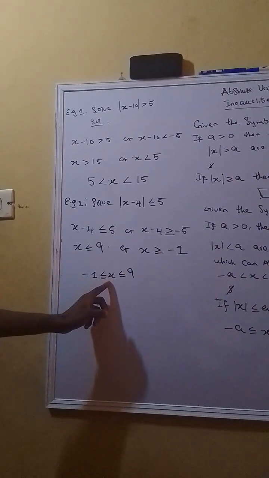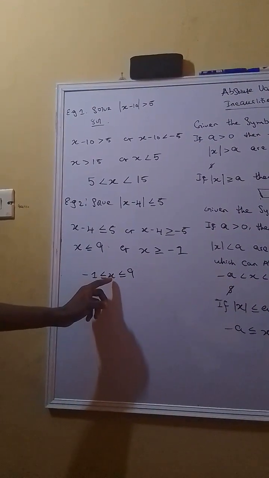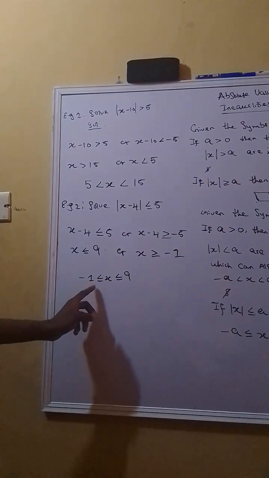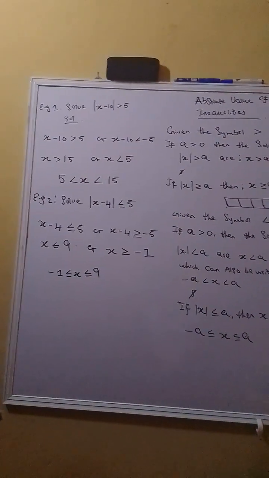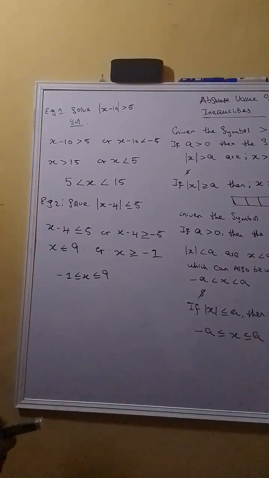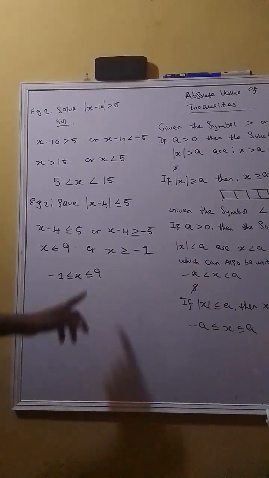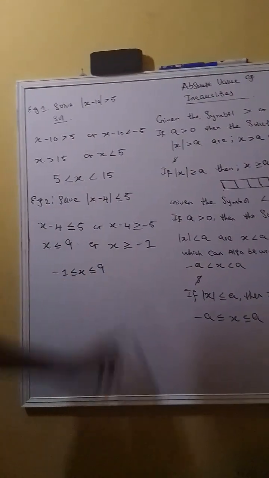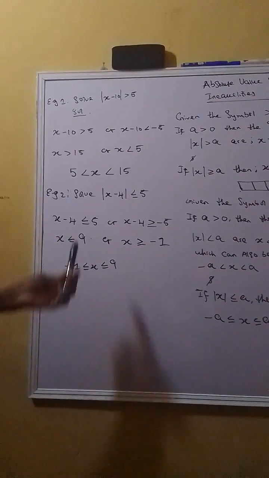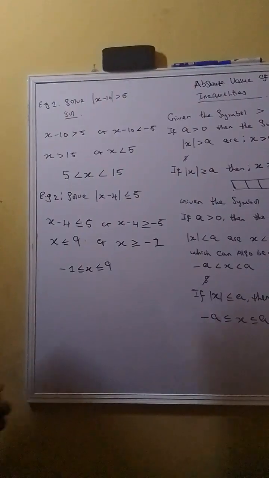I can insert 8 here, whereas minus 1 is less than 8 and also less than 9, like that. So take note of these, guys. And if I insert negative 1 here, minus 1 is equal to minus 1, but less than 9. So that is the second example on the absolute value of inequality.